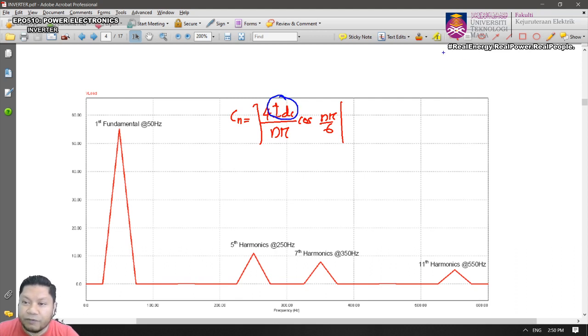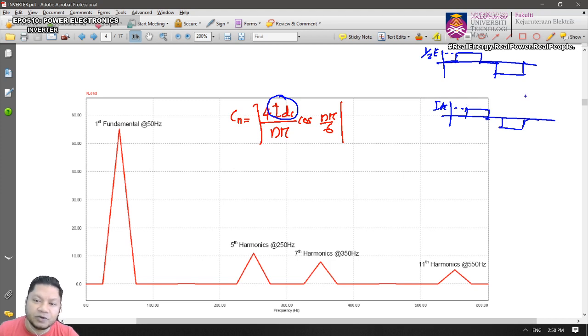Look at your quasi square waveform just now. It is half of E. Before this, when we discussed the rectifier, your amplitude here was IDC, the output current. So here, in this inverter, you're going to replace that with whatever the amplitude is. In this case, you're going to replace it with half of E, just like that.